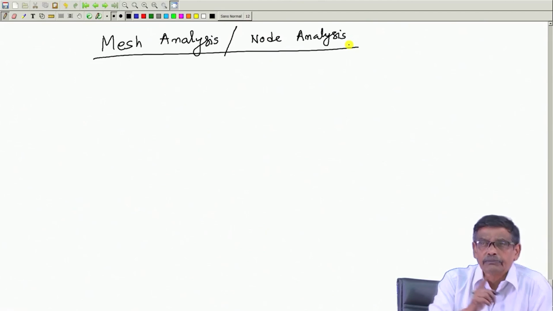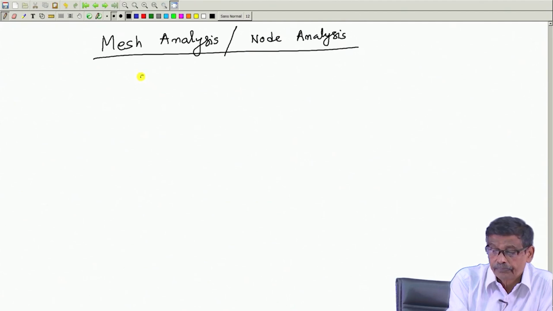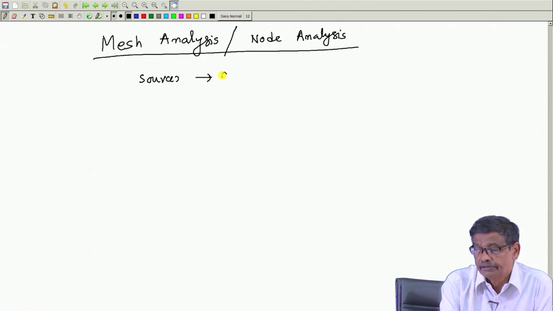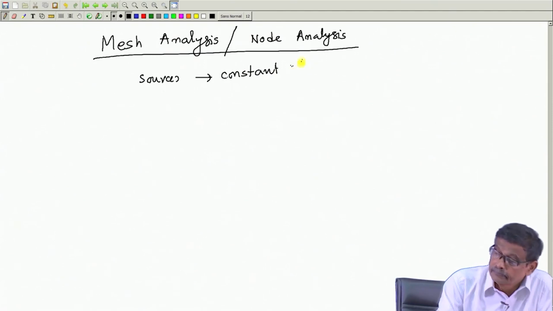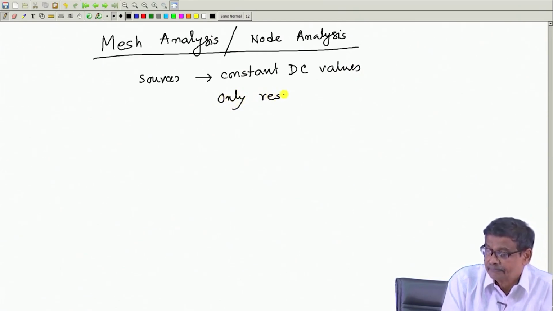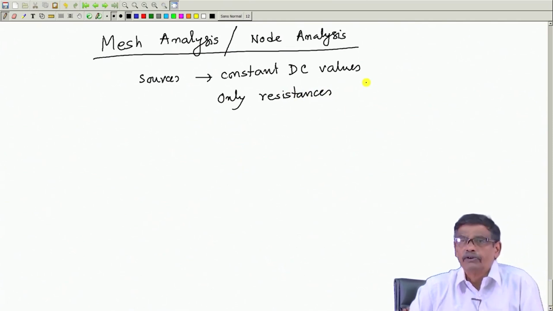So, I will assume some circuits where sources are constant DC values, and only resistances are present in networks. I want to find out the currents.